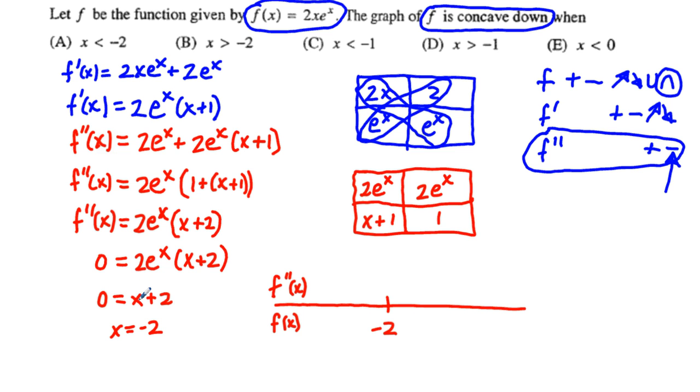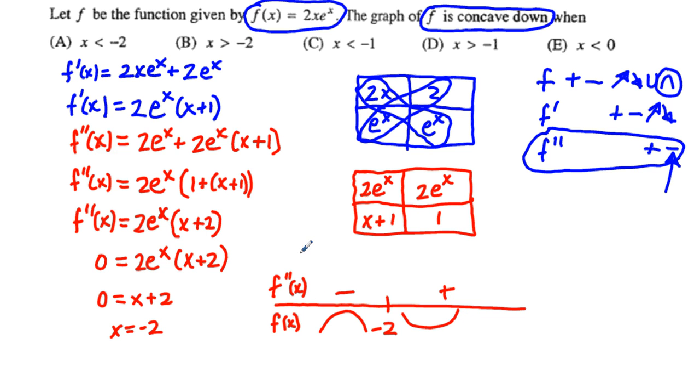And so now, with this equation here, if we let x be less than negative 2, let's say it's negative 3, we'd have negative 3 plus 2. We'd have f double prime of x being negative, and if x is greater than negative 2, say 0, we're going to have positive. So we are going to be just using our original chart here in the upper right, where f double prime of x is negative, we have concave down, and where f double prime of x is positive, we have concave up.